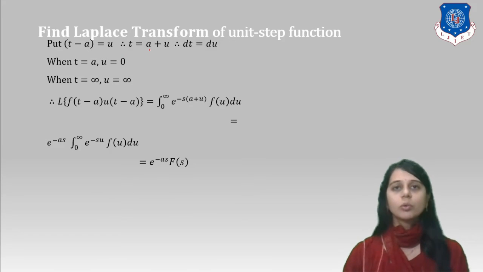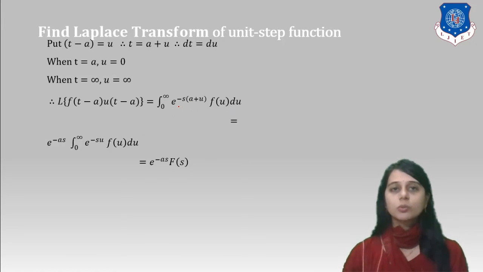So, t equals a plus u, dt equals du. When t equals a, u equals 0, and when t equals infinity, u equals infinity. Converting this integral, we get 0 to infinity e raised to minus s times a plus u, f of u du.